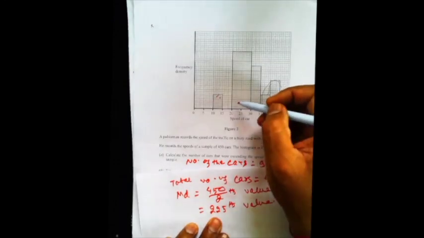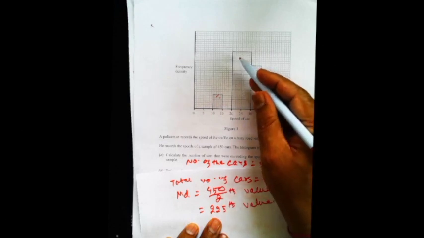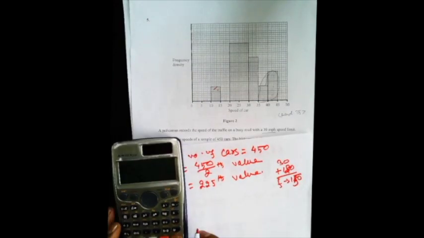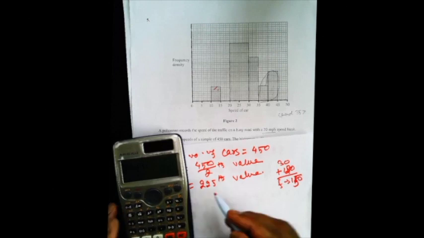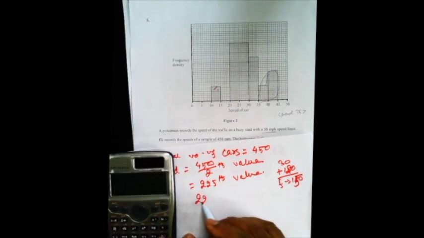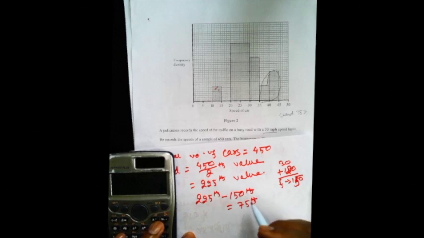So let's check how many biggest squares are here. 1, 2, 3, 4, 5, 6, and times 20 is 120. And then let's take the difference of these two. It is 225 minus 150, so the difference of 225th and 150th in this case is the 75th item.